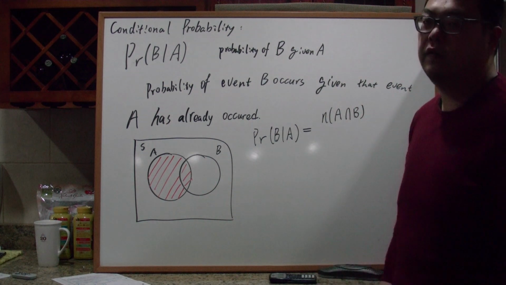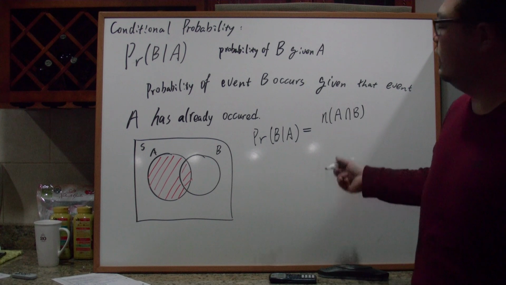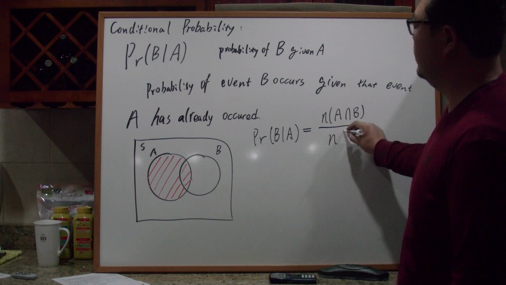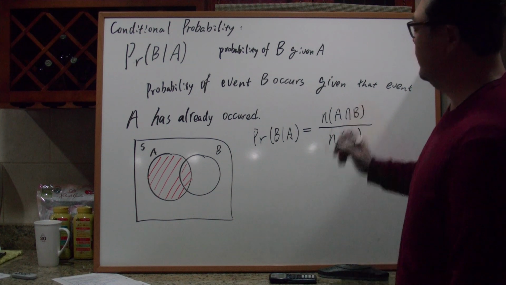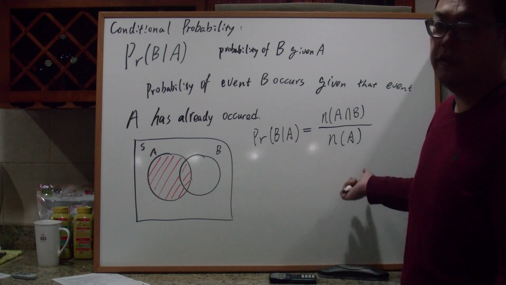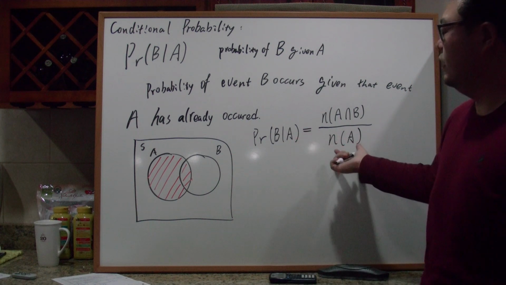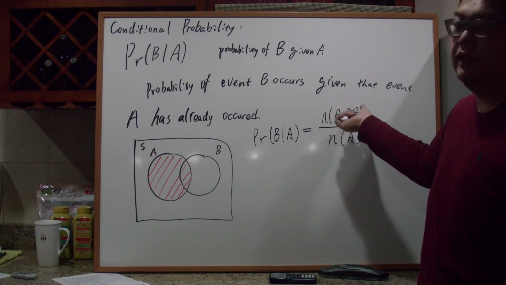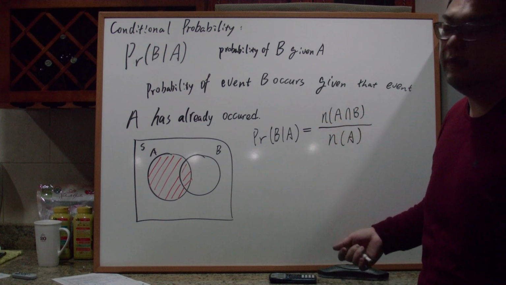So the number of ways that the intersection can occur over the number of ways the condition can occur. Still focusing on the condition first: how likely the condition occurs, and how likely the condition and the other event occur at the same time.